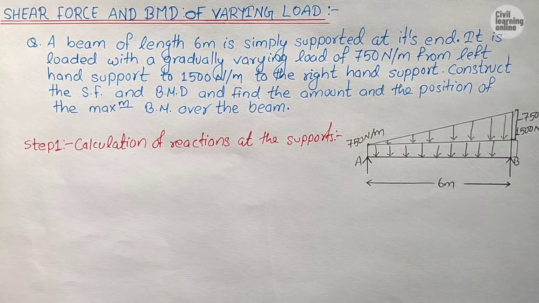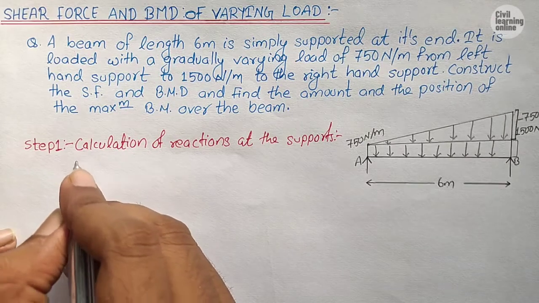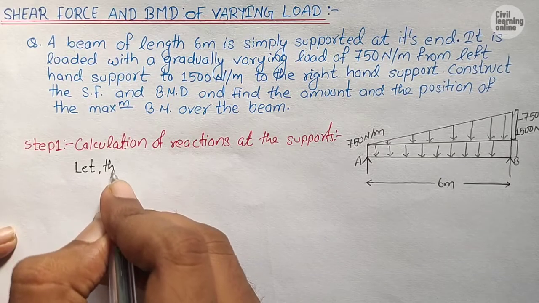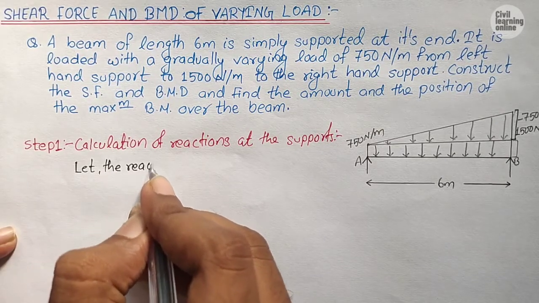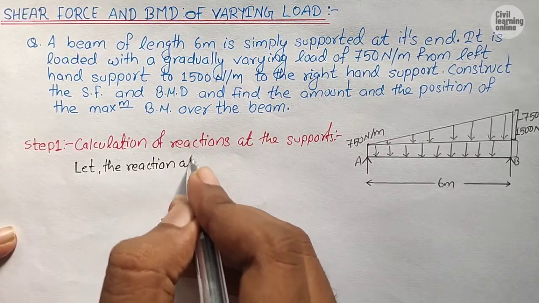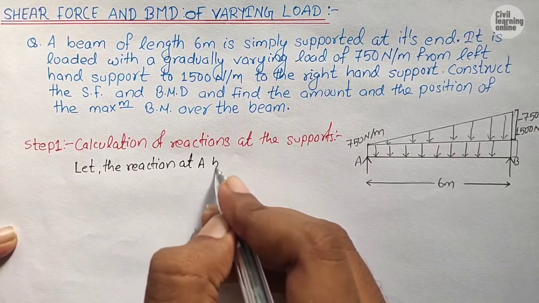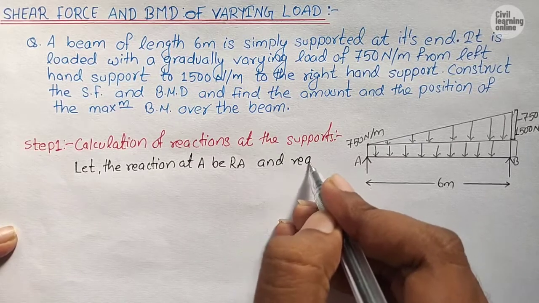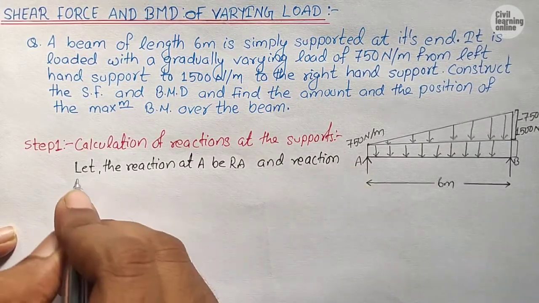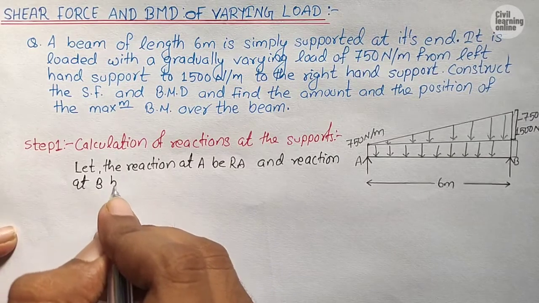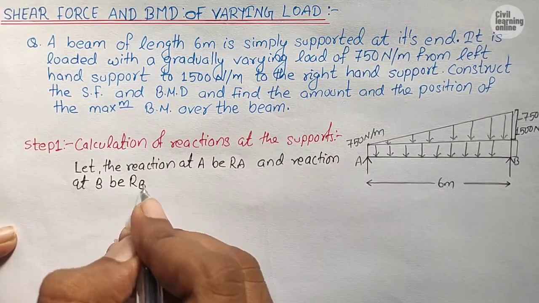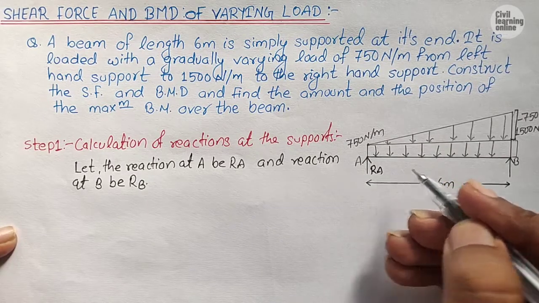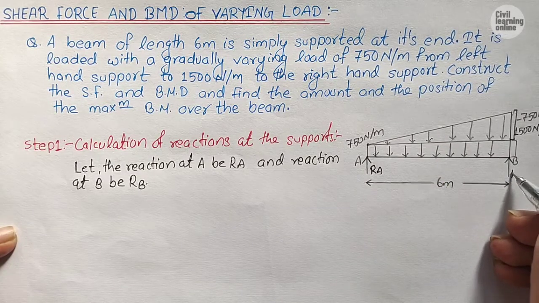Let the reaction at A be RA and the reaction at B be RB.